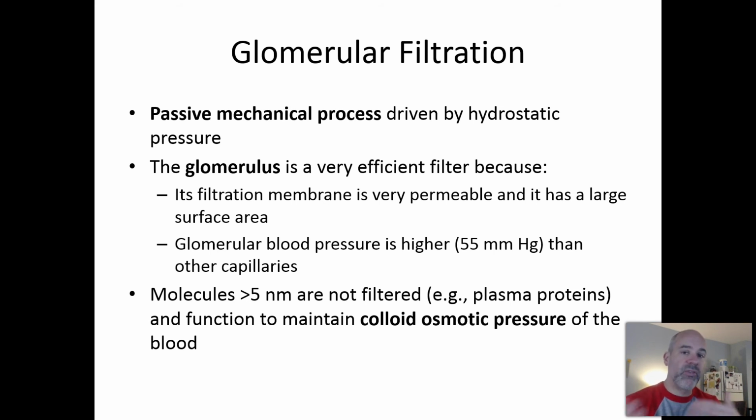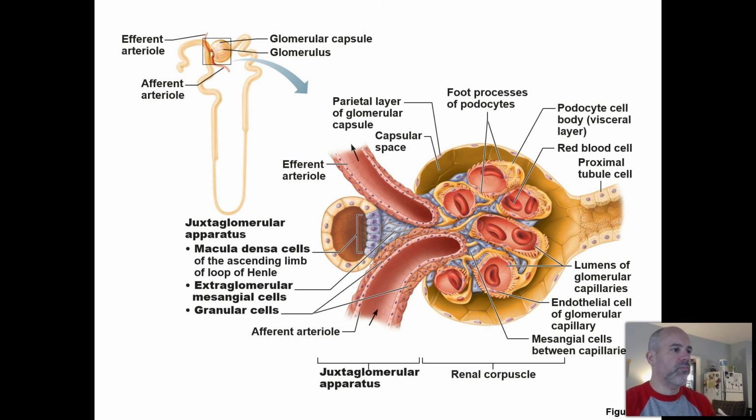So just like we saw when we were talking about how fluids move between the blood and the interstitial tissue fluids, you've got the same thing going on here. You've got a competition between the hydrostatic pressure inside a glomerulus and the colloid pressure, the proteins in there trying to suck fluids back in.